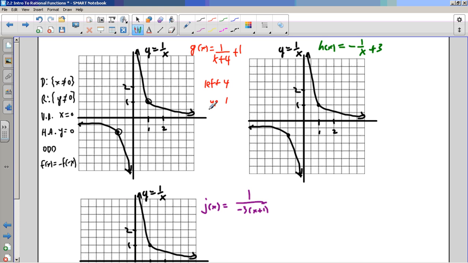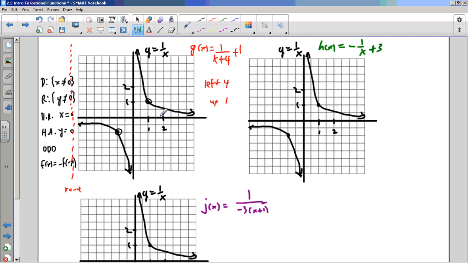Now notice what happens when we move left 4 and up 1, the asymptotes move with that transformation. So left 4, I should have used a different scale, but left 4 is 1, 2, 3, 4, left 4, and that's the vertical asymptote x equals -4, and up 1.